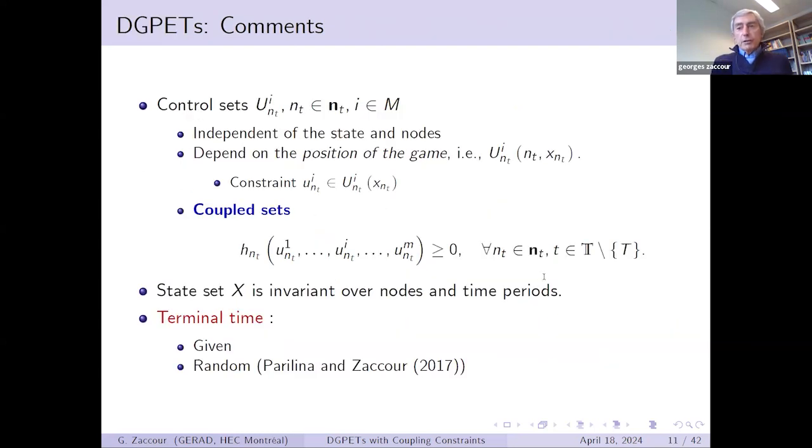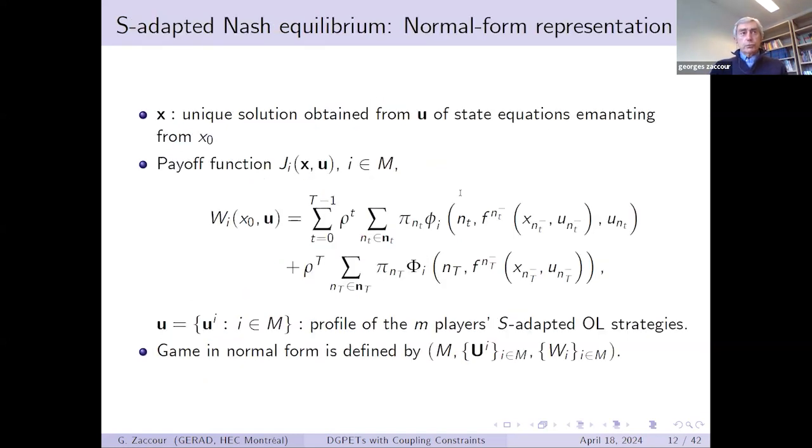Okay, so now given the elements of the game, one step that is useful to do is to represent the game in normal form. The reason why we would like to do this is that if we can represent a game in normal form, we can use the machinery of existence and uniqueness of equilibrium that has been developed for normal form games. So to do it here, what we should note is that the state x is the unique solution that is obtained by implementing u, which is a vector of controls, emanating from x0.